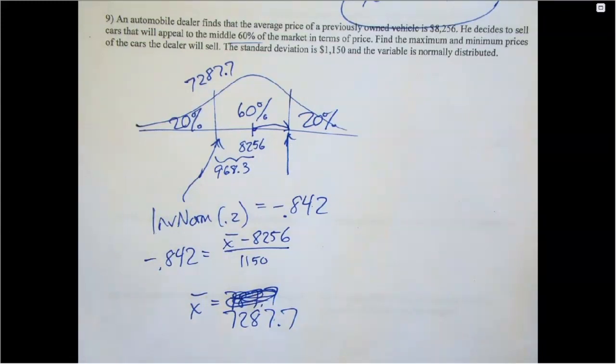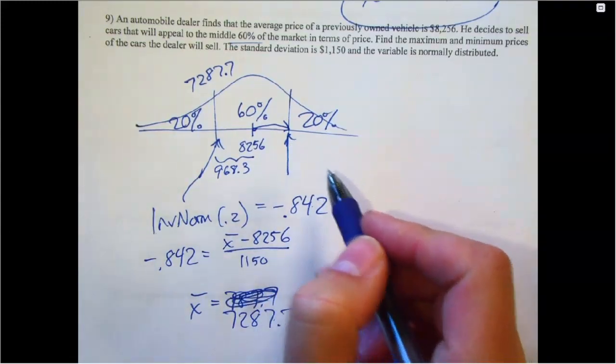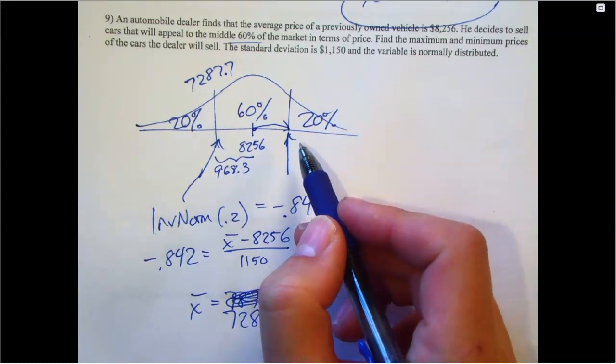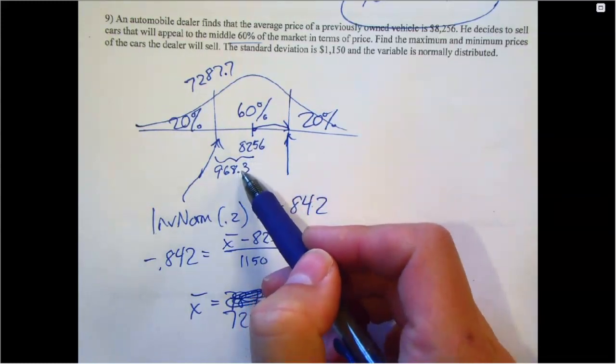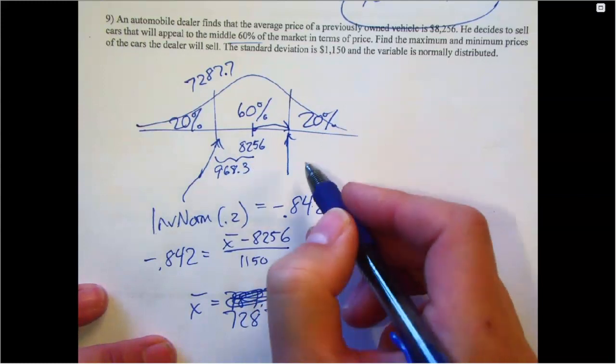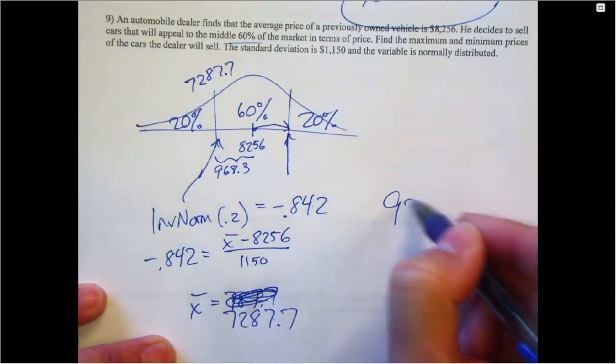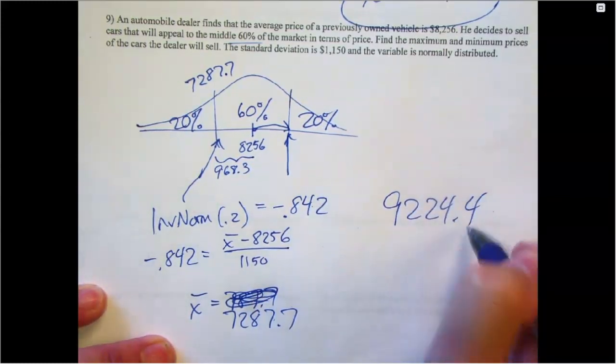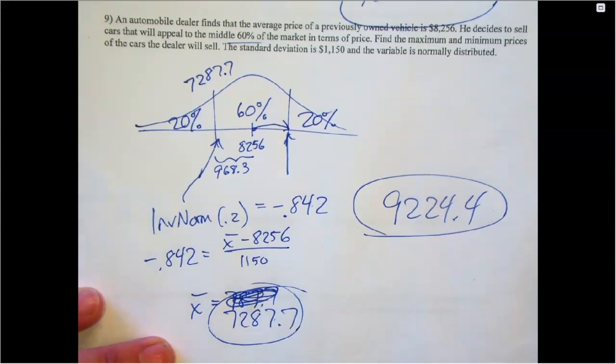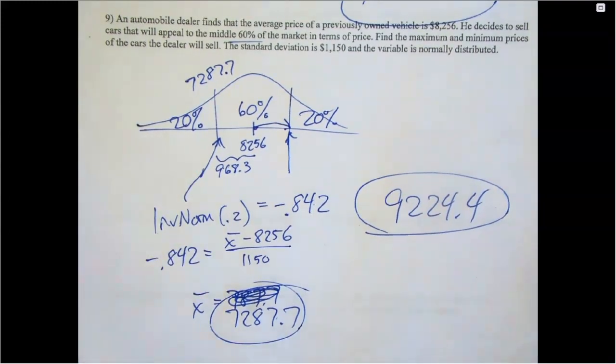So you can do the z-score thing, or you can go 8256 plus 968.3, and then that other number is 9022.4. So these are your two answers. I don't know if that's too fast, but okay. Let me know. Questions? Thumbs up. We're okay?